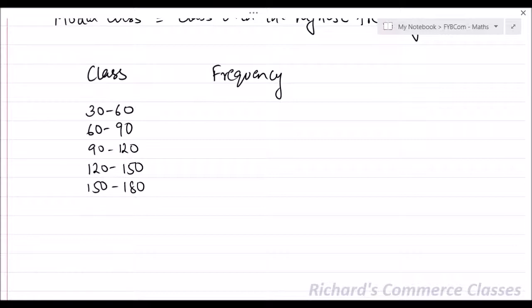The frequencies are 22, 198, 110, 95, 42.